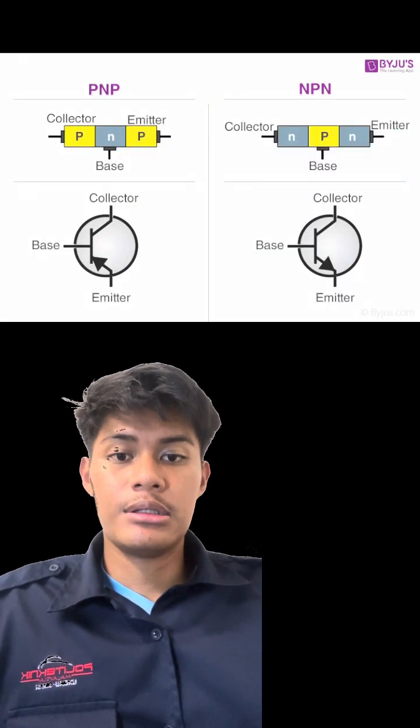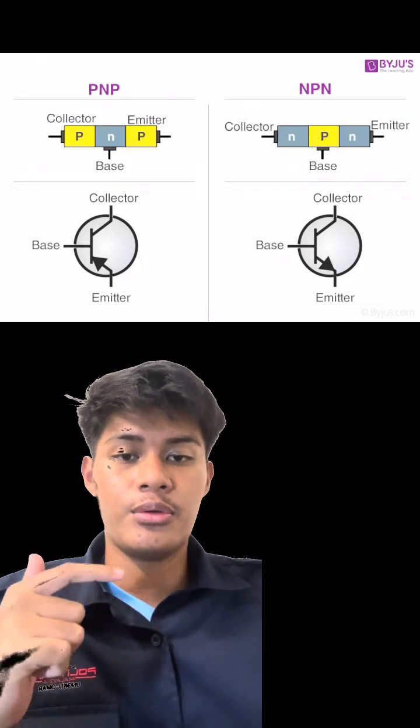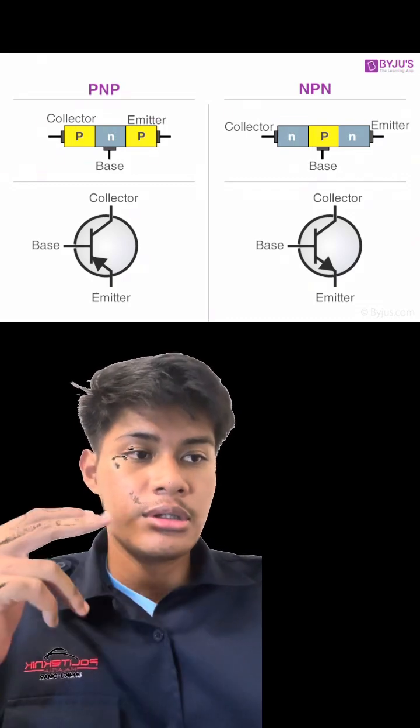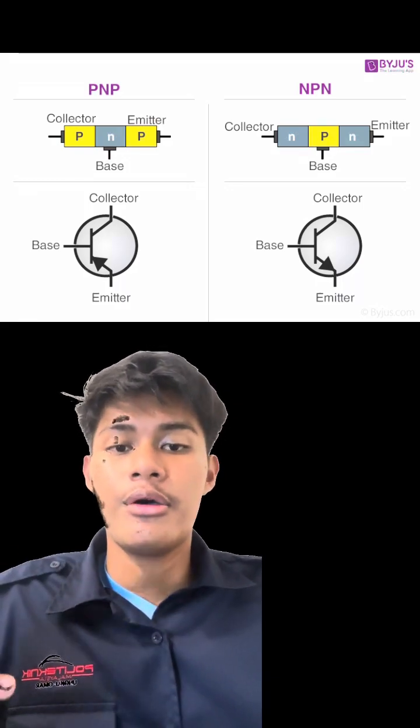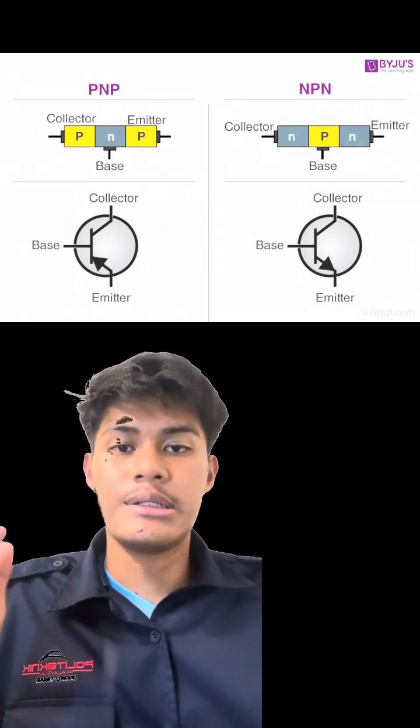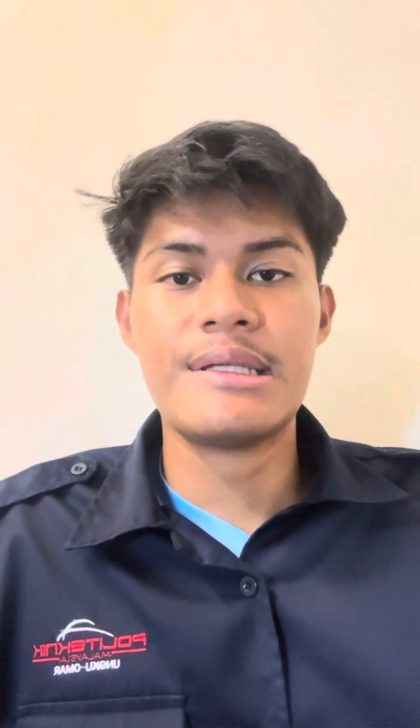This is a simple circuit showing the current direction in both NPN and PNP transistor. This function is essential in amplifier and digital switching application.